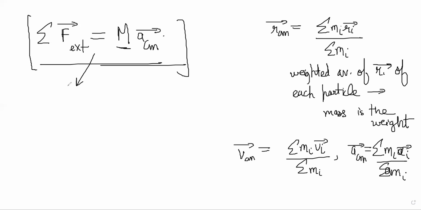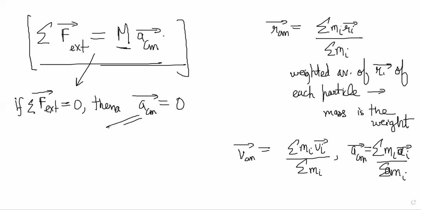This has direct implications that if the external forces sum is equal to 0, then ACM becomes equal to 0, and ACM equal to 0 implies that VCM will be constant, because ACM is d VCM by dt. So VCM becomes constant.